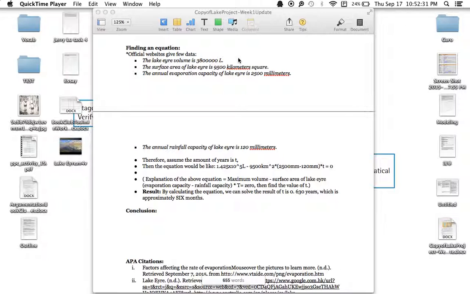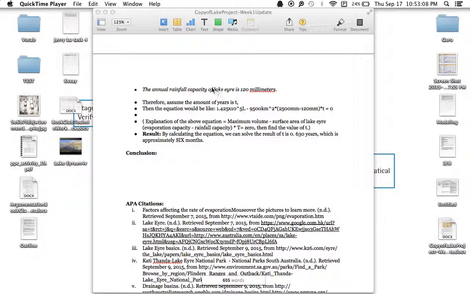The volume of the lake is 380,000 liters, and the surface area of Lake Eyre is 9,500 square kilometers, and the annual evaporation capacity of Lake Eyre is 2,500 millimeters.